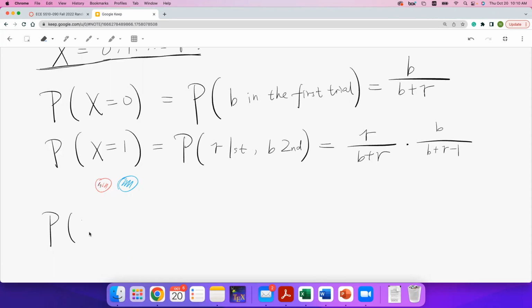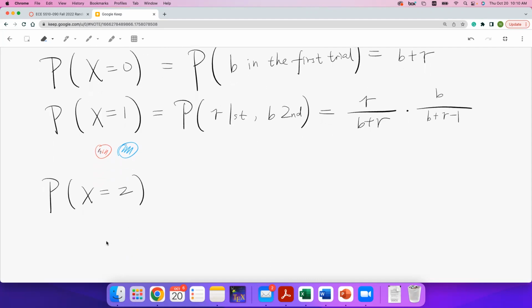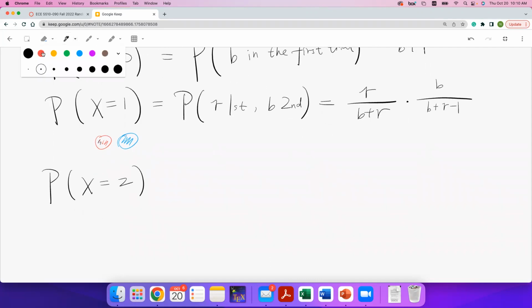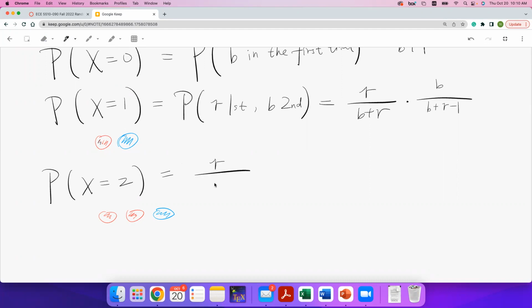So we can do this forever. Now if you want to do 2, which means you have 2 red balls coming out in the first 2 trials and then followed up by a blue ball. Okay. And the probability is, no, the first one is red, so it's R over B plus R, multiplied by the second one.